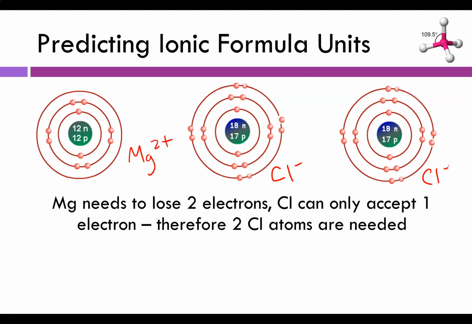So my formula unit must be MgCl2. And that is representative of 1 magnesium, technically magnesium ion, and 2 chloride ions. I've got to balance out those charges. So +2 minus 2 equals 0.